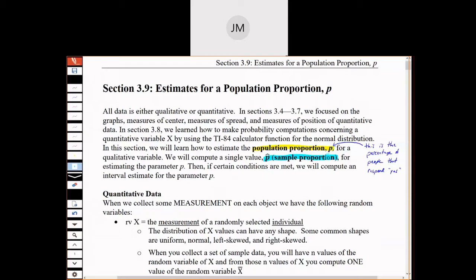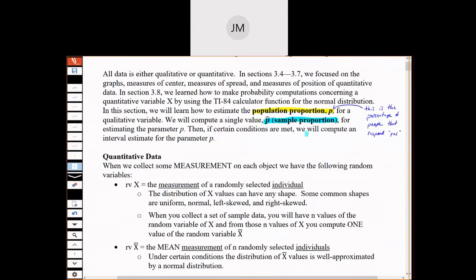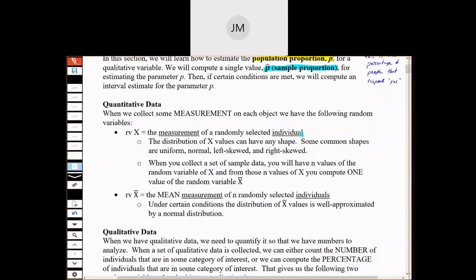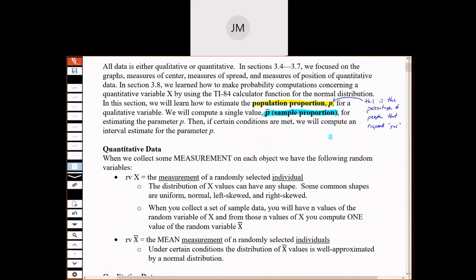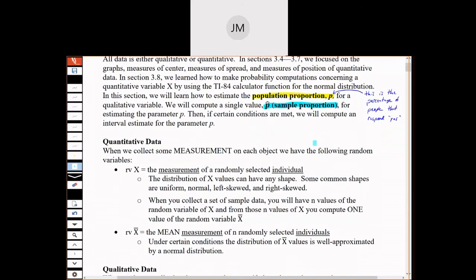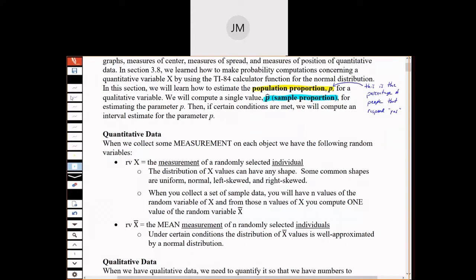All right, so let's go ahead and look at some of these details here. First of all, we want to talk about exactly what our variable is. We might have more than one type of variable that we're talking about. When we ask a question, when we collect a piece of information from that question, that's a variable.